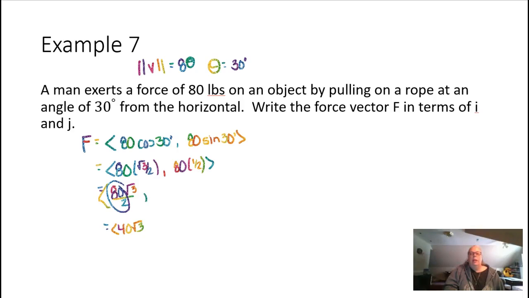And over here, 80 times 1/2 is just 40. And if we want to convert this back into i and j form, then we're going to have 40 times the square root of 3 i plus 40 times j. And there's our force vector.